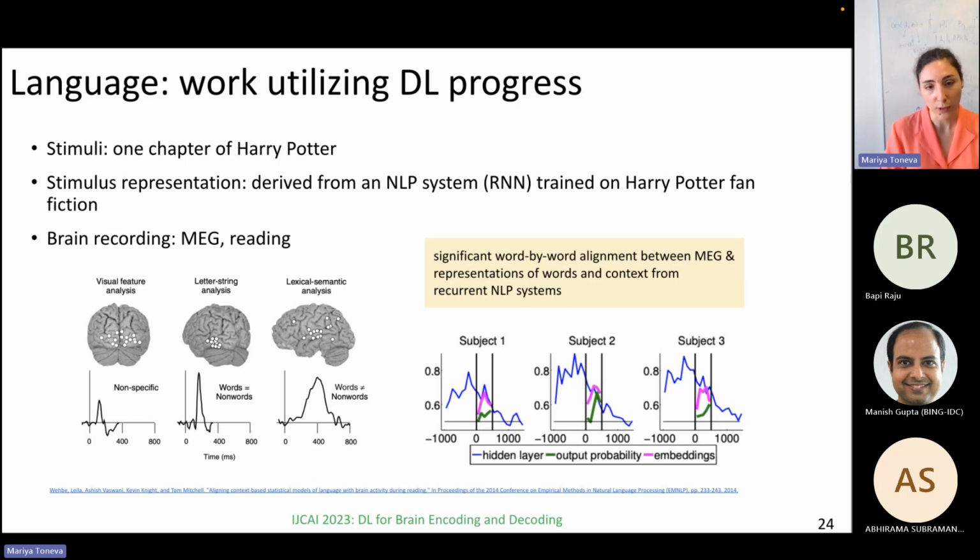And so they showed for the first time that we can use these representations from a recurrent neural network, though simple, of course, by today's standards, to predict the brain response of people processing words, or processing a whole chapter of a book word by word. So this was very exciting.